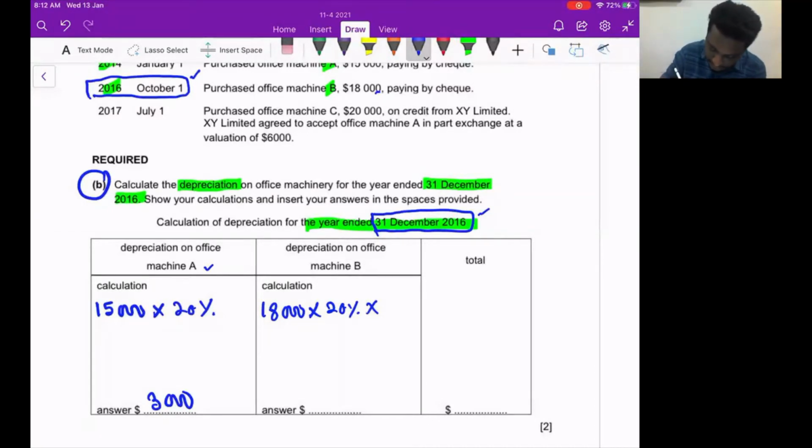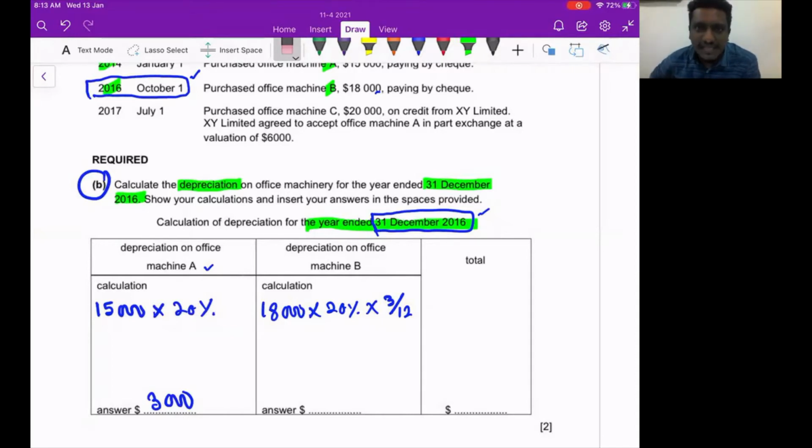So you need to times with 3/12. Why 3/12? Because this percentage is for 12 months, but out of the 12 months, I only use the asset for 3 months. So we get how much the asset depreciates for only 3 months.